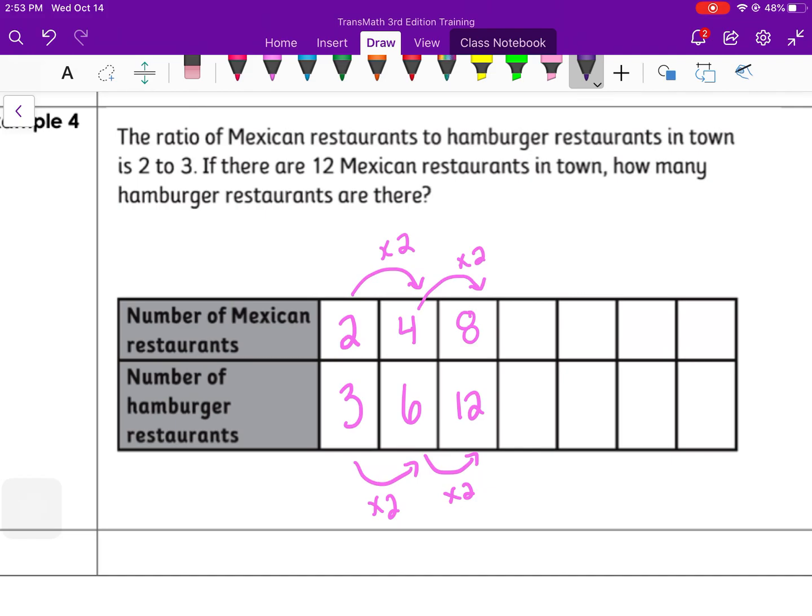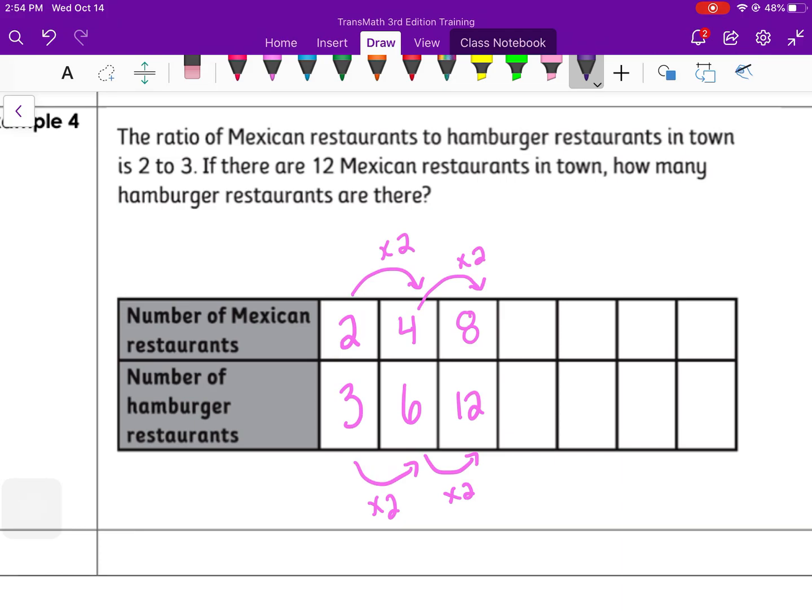Wait. If there are 12 Mexican restaurants in town, how many hamburger restaurants are there? Oh no, that doesn't work that way. This gives us 8 Mexican restaurants and 12 hamburger restaurants.